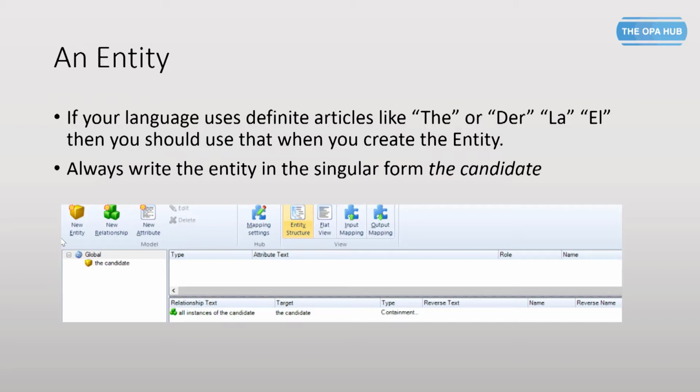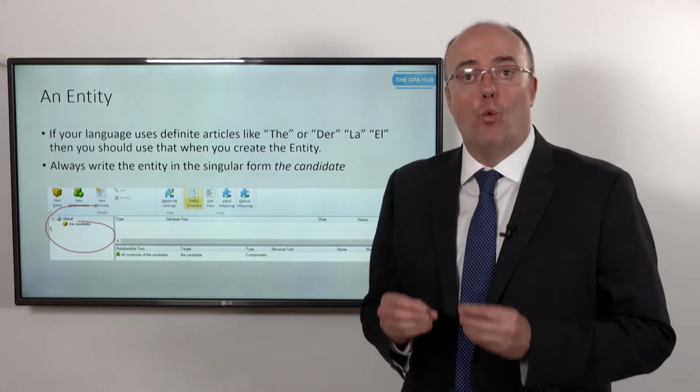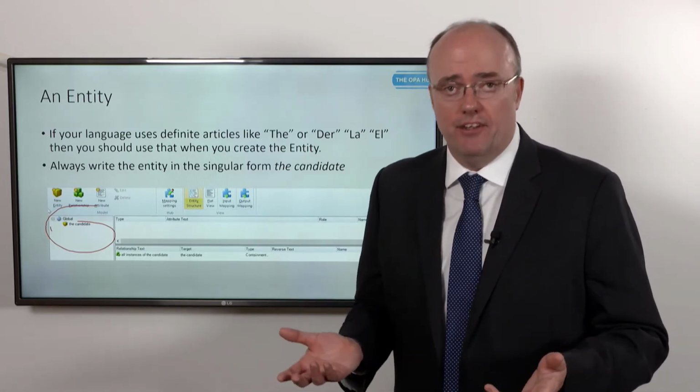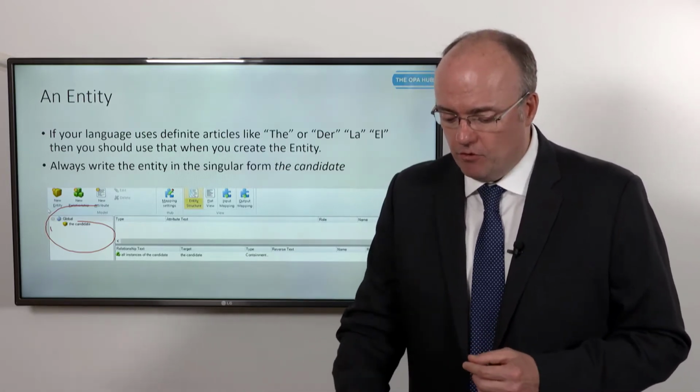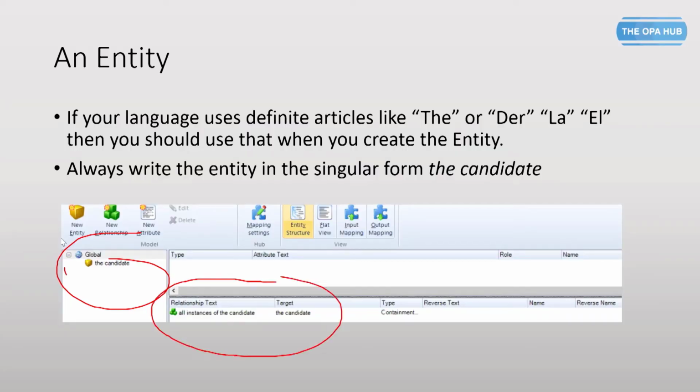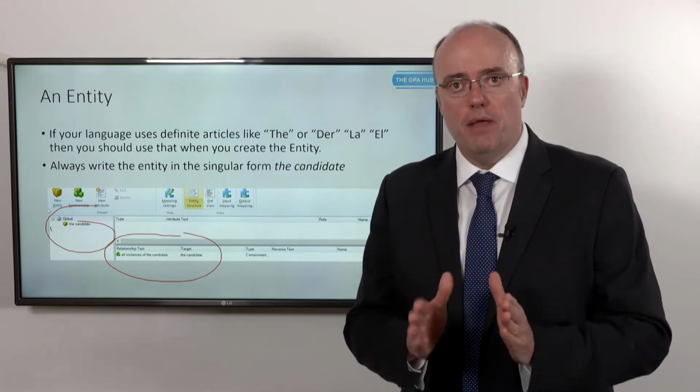So this is what it looks like on screen. I'll just draw a little line you can see down here, hopefully. There we go. You can see a small yellow box down there that says the candidate. That's how you can tell if your project has implemented entities. In this case, I've added one entity to my project called the candidate. On the other side of the page, you will see here, it says all instances of the candidate. We're going to explain what each of those are referring to in a moment. But first of all, the basic principle.